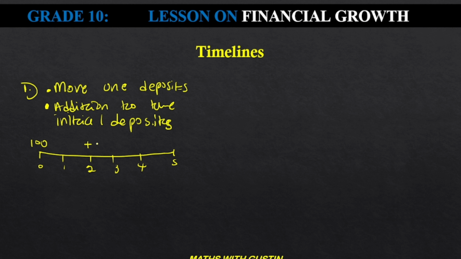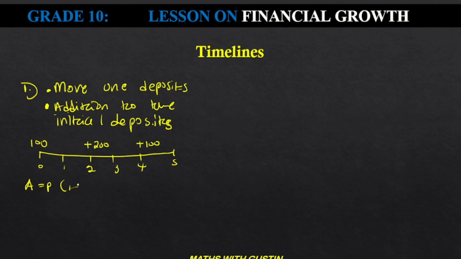After 2 years, you add another 200. And then after 4 years, you add another 100 rand into the bank account. They would ask you, what is the final amount that you will have at the end of 5 years? Basically in this case, you're going to use the compound formula.